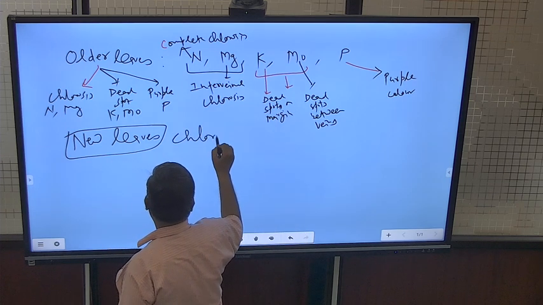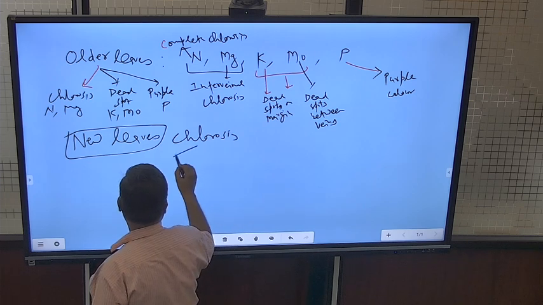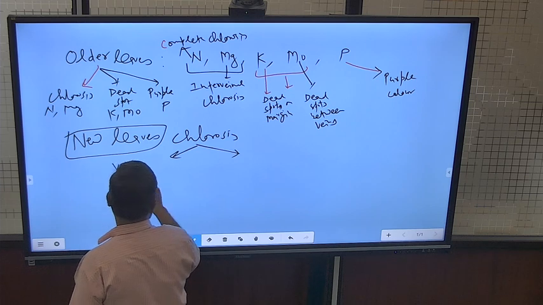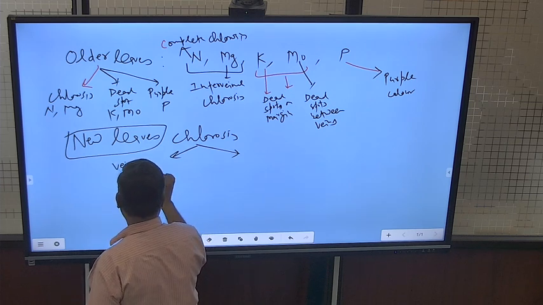In new leaves, if chlorosis is there, find out whether the veins are green or yellow.